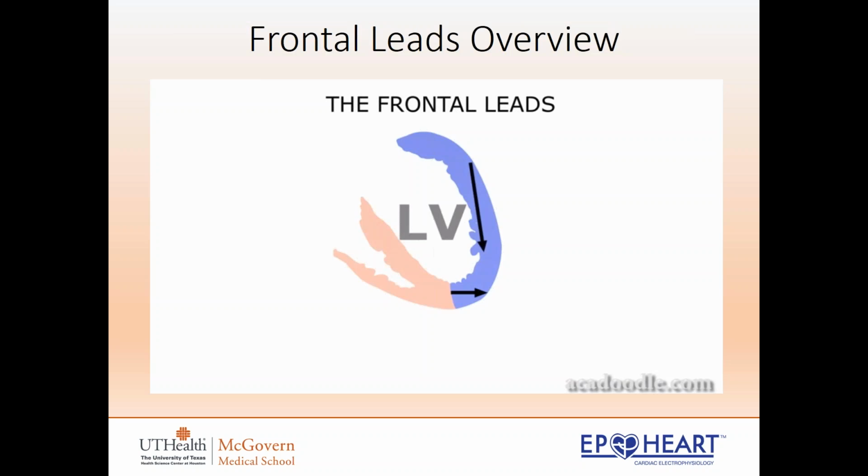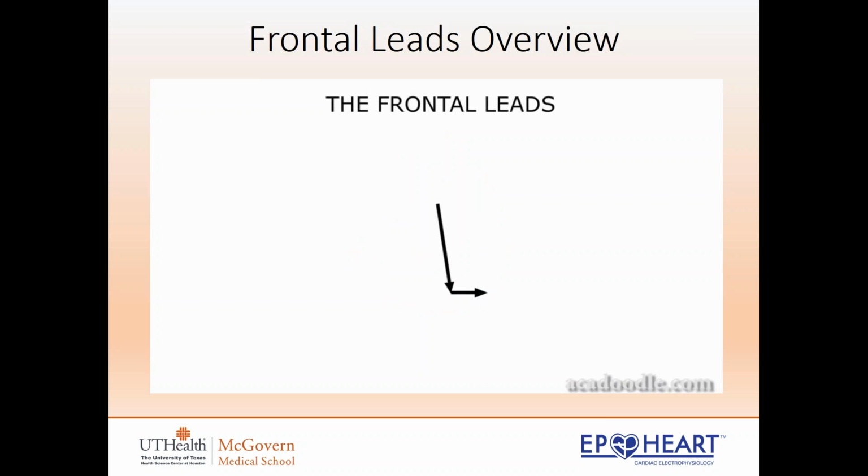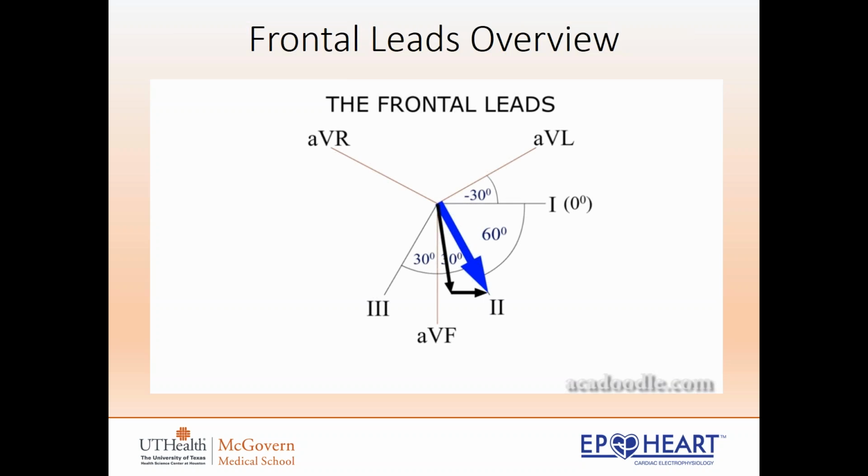Well, if we add them together using the parallelogram rule, we find that they generate an overall vector traveling downwards and to the left at approximately 60 degrees relative to lead 1. Using the principles we learned in our previous videos, we can see that this vector is well within 90 degrees of the inferior leads.